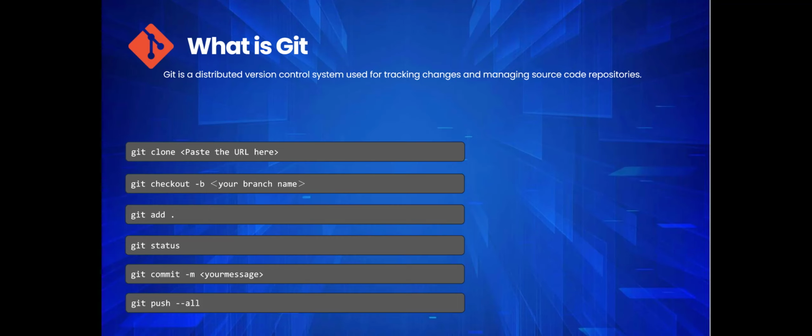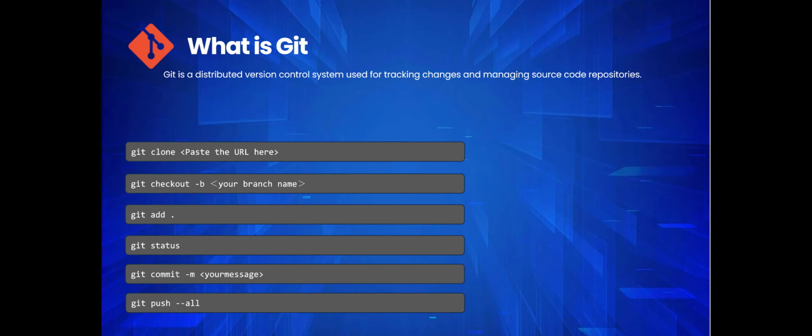So git clone, like we just created a repository, we will use this command to clone our remote repository, which is right now created remotely, to create a local copy of that. The git checkout command is to switch between different branches or commits to access a specific code snapshot. Git add, on the other hand, stages changes to include them in the next commit.